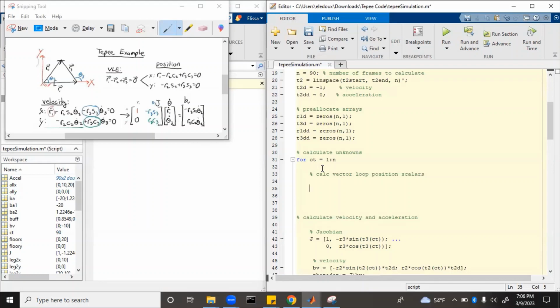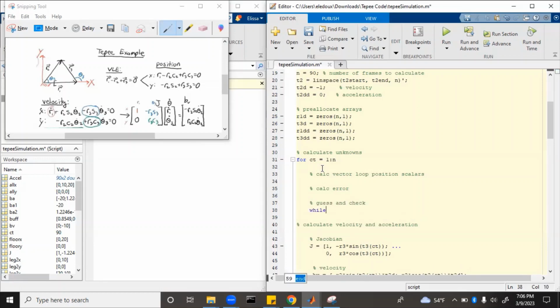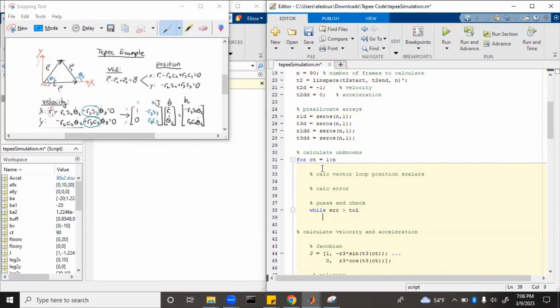And then we need to find the error, because we need to check, do those position scalars end up equaling 0? And then if they are not equal to 0, we need to do the guess and check. So that'll be while error is greater than tolerance, we'll do our calculations, and then we will save the answers.